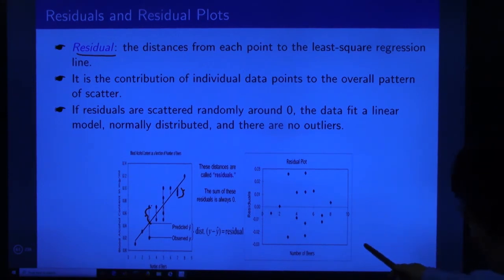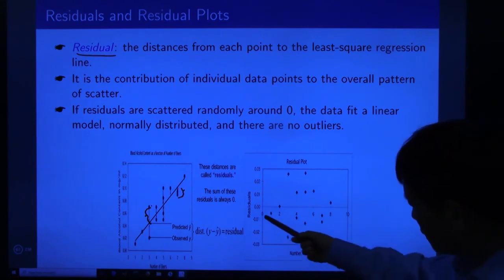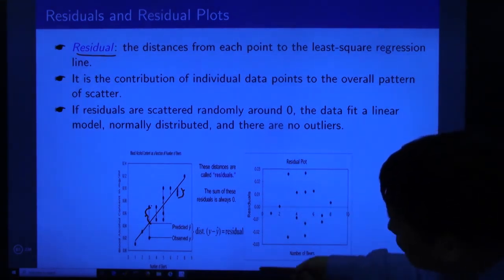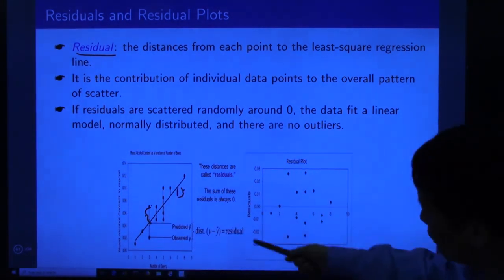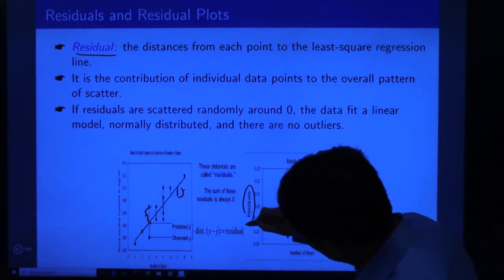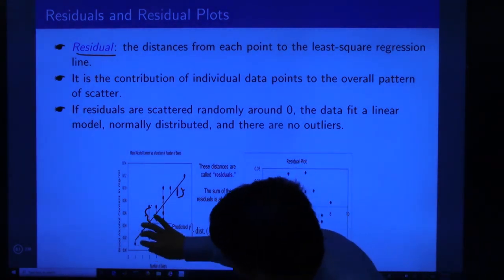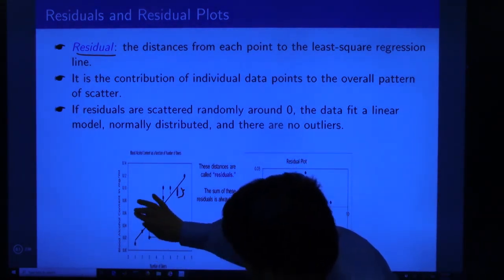It looks like this. This one here is the number of beers, x. And the y value here is not the alcohol level anymore. It is the residual. So be careful. This is the residual. We only draw the errors, or the residuals, here.